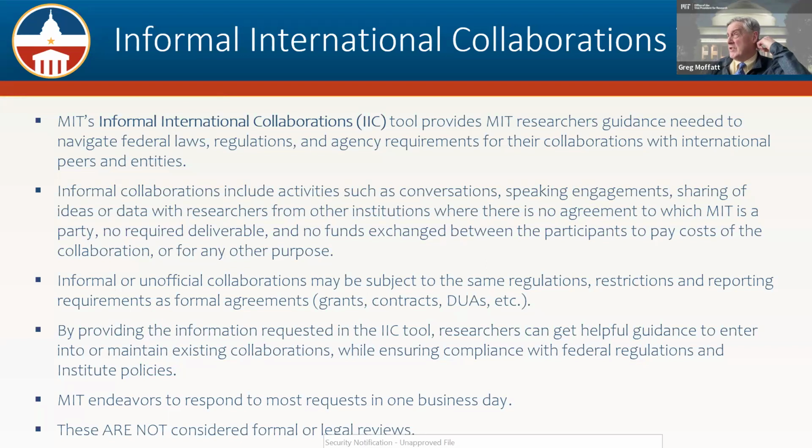The important thing is that there's no MIT agreement. But it points out to folks that, in fact, they may still be subject to the same type of legal requirements that would apply if they were going through the Institute's channels for an Institute-sponsored agreement.